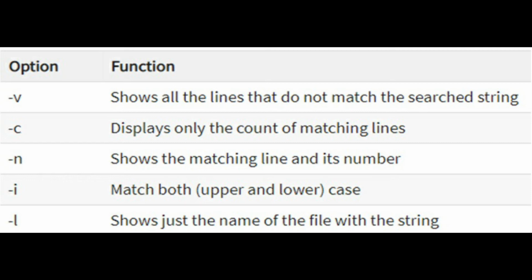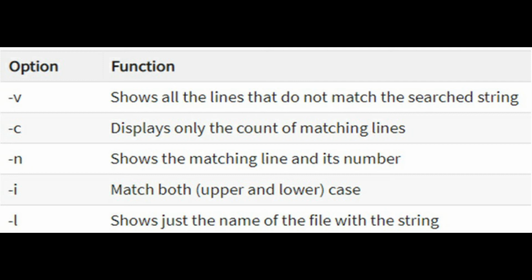The second option is -c, which displays only the count of matching lines. Suppose the string that you have specified in the command is present in more than one line, the count of those matching lines will be displayed by using the option -c. The next option is -n, which shows the matching line and its number. So students, basically this is used to print those lines and their numbers that match a given string.